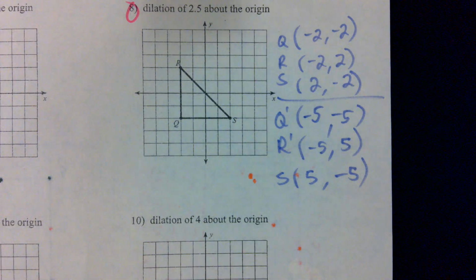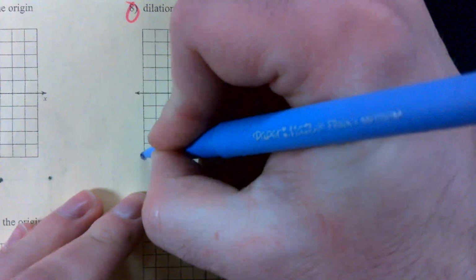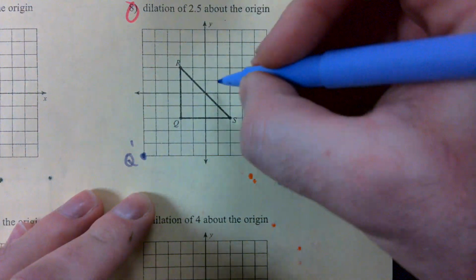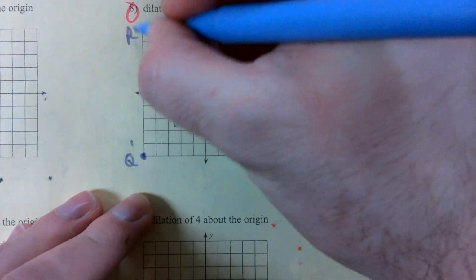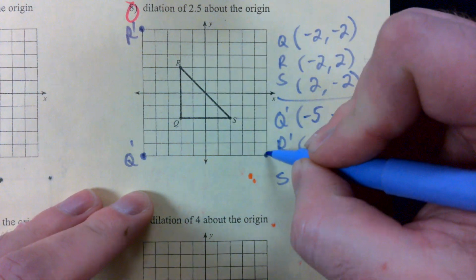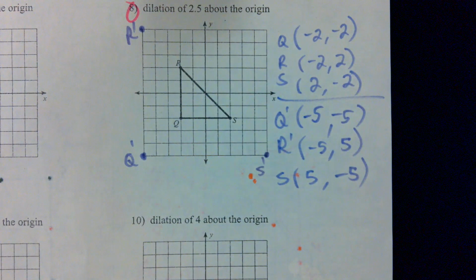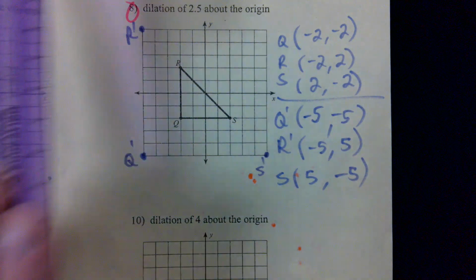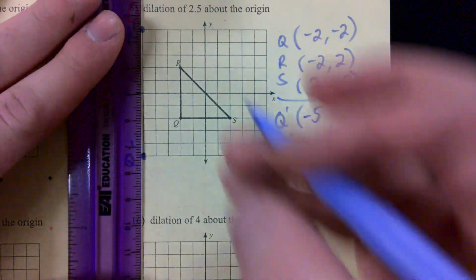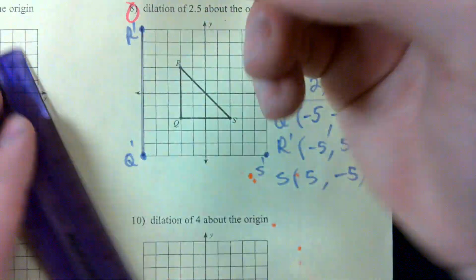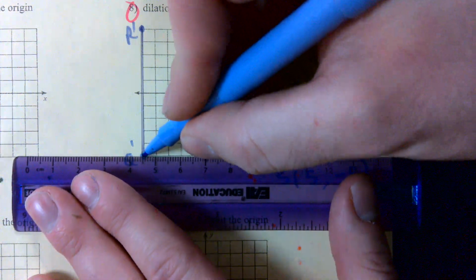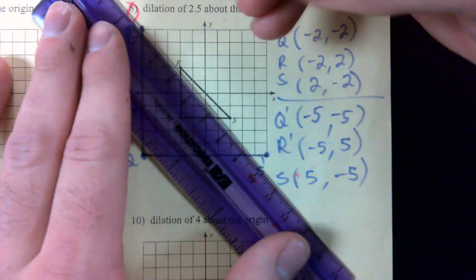Anyway, let's graph this triangle. -5, -5, there's Q prime. -5, +5, there's R prime. +5, -5, there's S prime. So this triangle got a lot bigger. In fact, it takes up exactly half of our entire graph once we connect those points up.